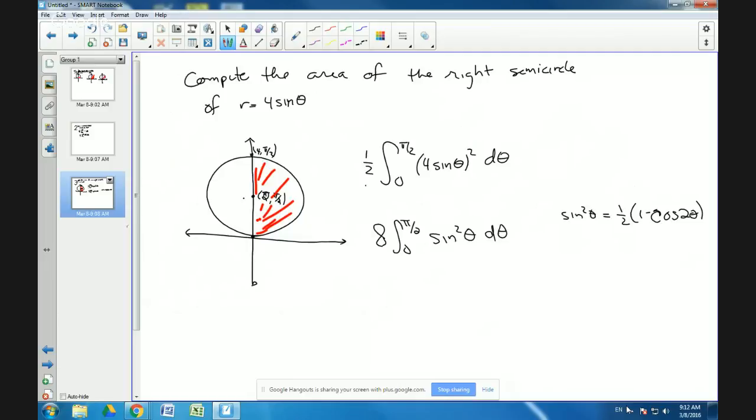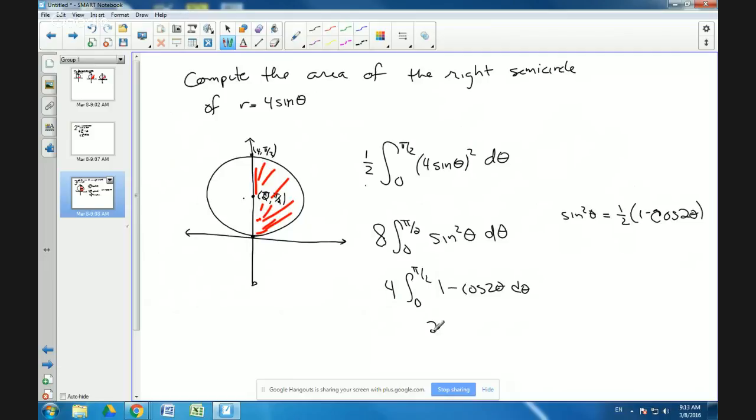If I plug that in, I get 4 out front, and I have an integral now that I calculate. Do you want me to run through the numbers on that integral, or can you handle it? Okay. The answer is in the book.